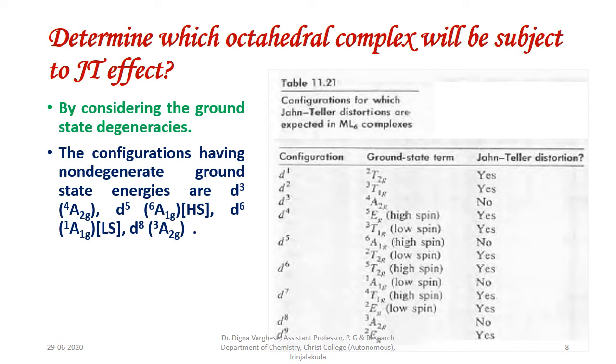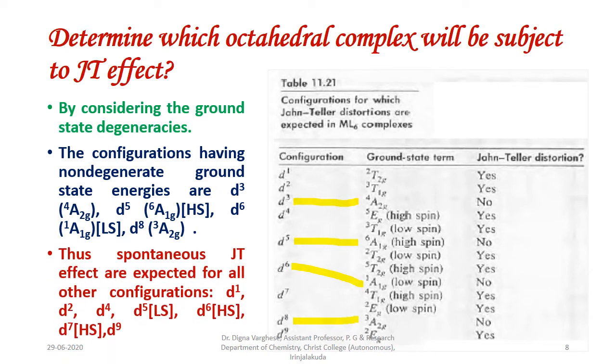These are d3 having 4A2g, d5 high spin having 6A1g, d6 low spin having 1A1g, and d8 having 3A2g. These terms have non-degenerate ground state energies. Thus, no Jahn-Teller effect is expected for these.